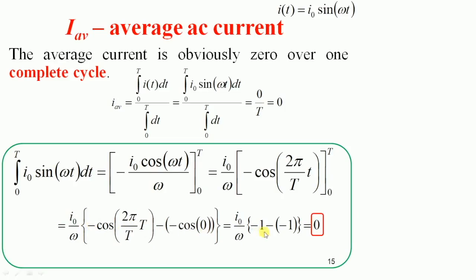So here, as the cosine function is periodic having same value at 0 and 2 pi, this integration vanishes.